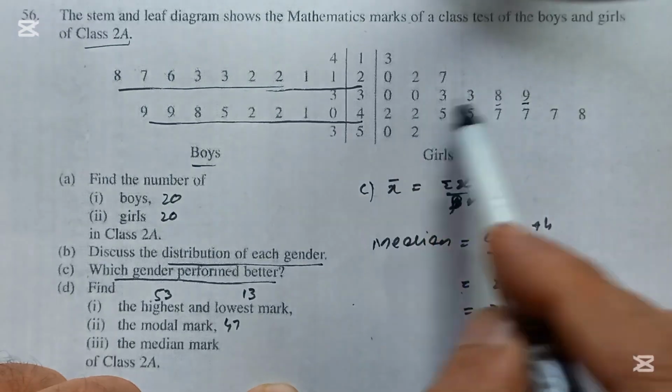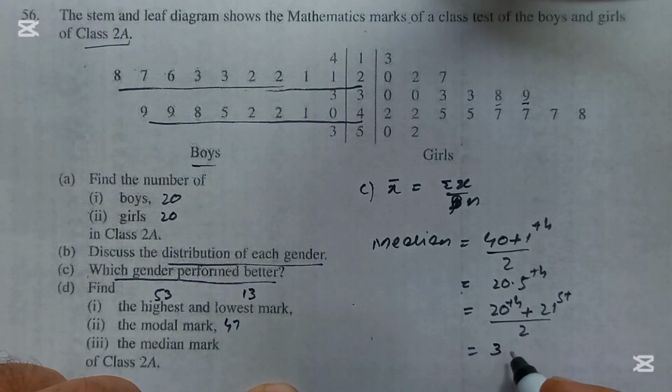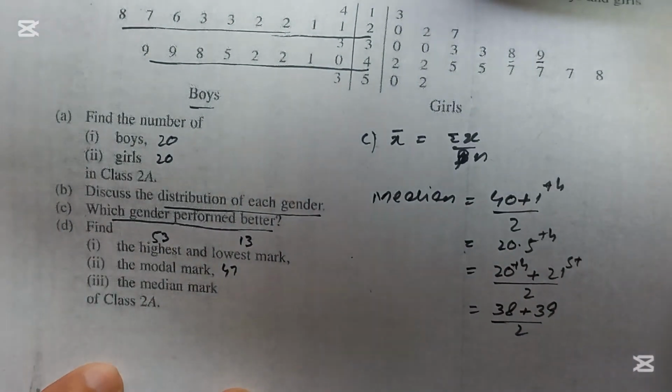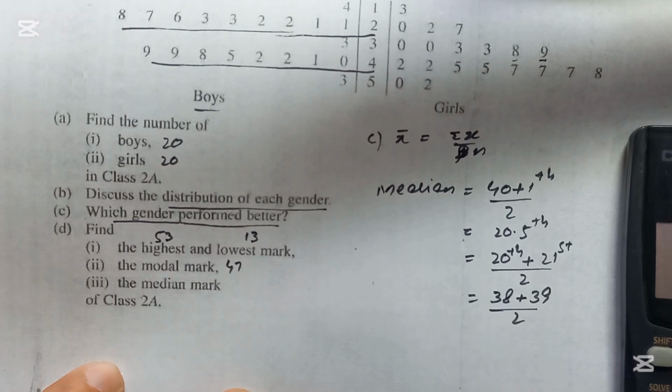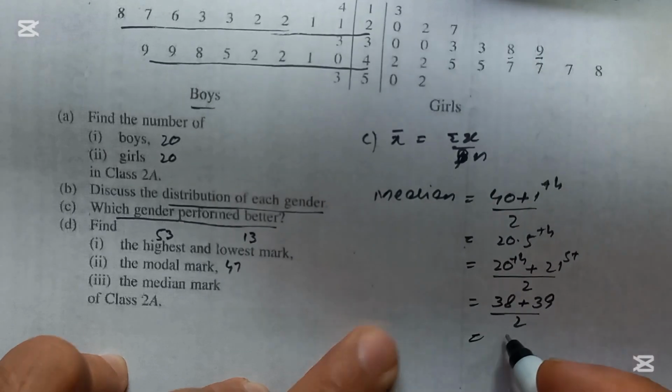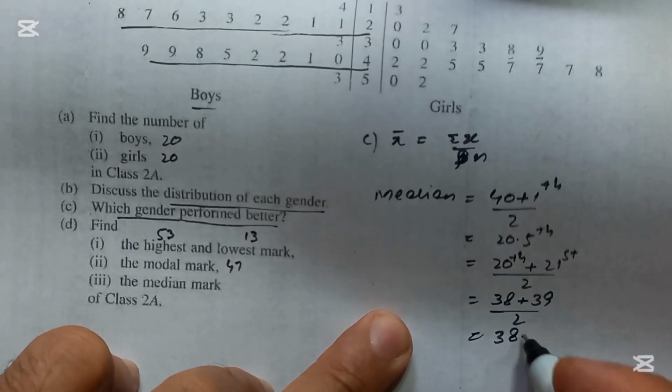So 38 and 39, divided by 2. Solve it on the calculator: 38 plus 39 divided by 2 equals 38.5. So this is the median.